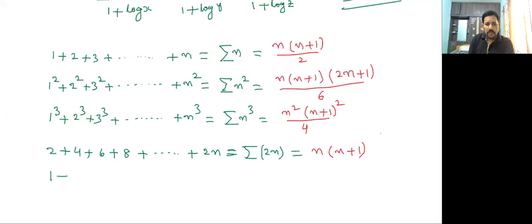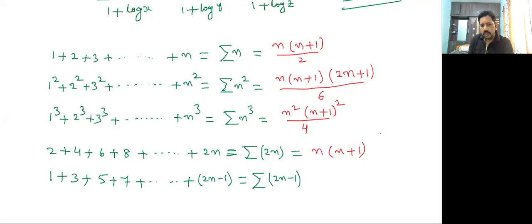Sum of odd numbers: 1 plus 3 plus 5 plus 7 plus and so on. What is the nth term? That is 2n minus 1. This is sigma summation of (2n minus 1).